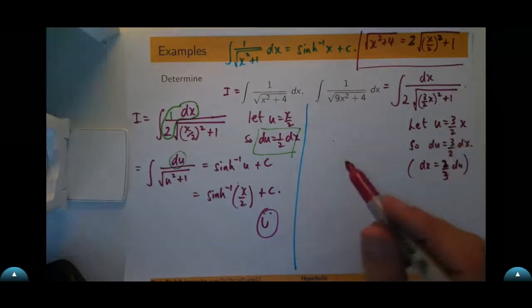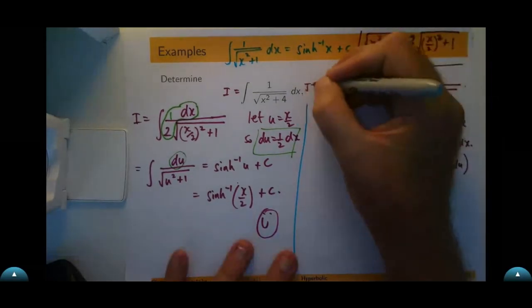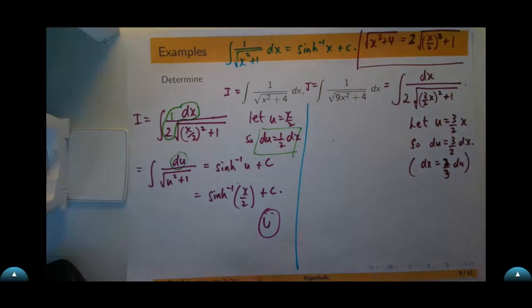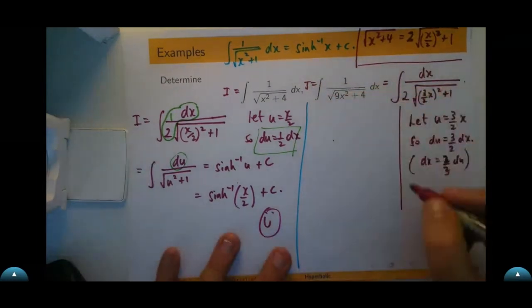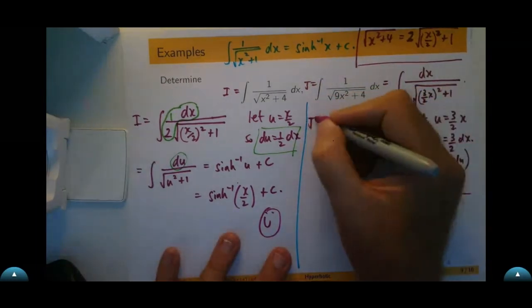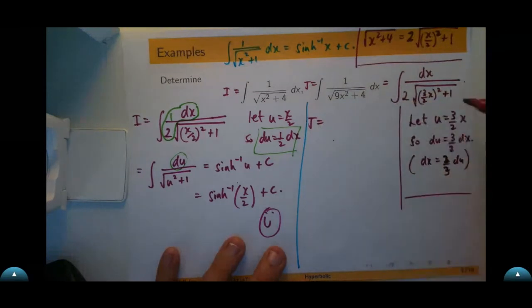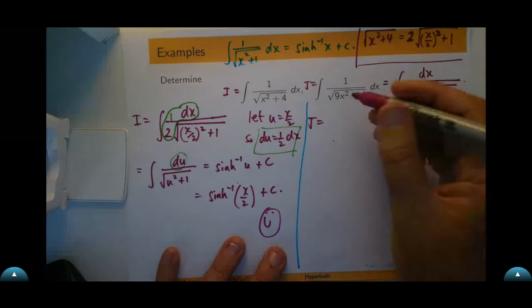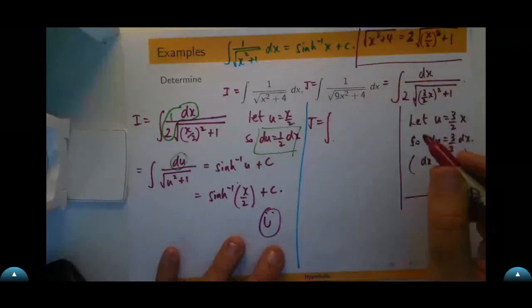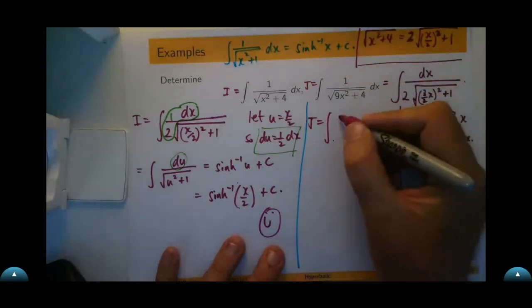If you make those substitutions, let's call this integral j. Then j is going to become u squared, and you get something like this.